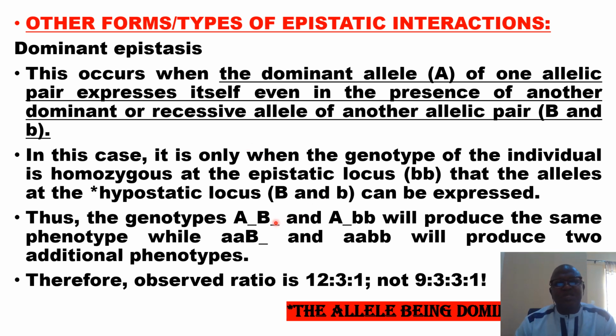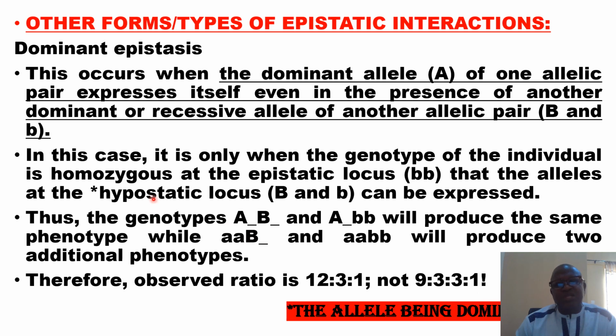Thus, because of this, the genotypes A_B_ and A_bb will produce the same phenotype, while aaB_ and aabb will also produce 2 additional phenotypes, such that the observed F2 ratio is 12:3:1 and not the 9:3:3:1 expected.